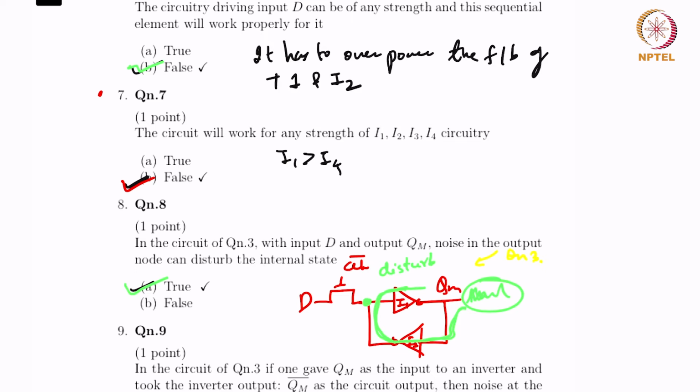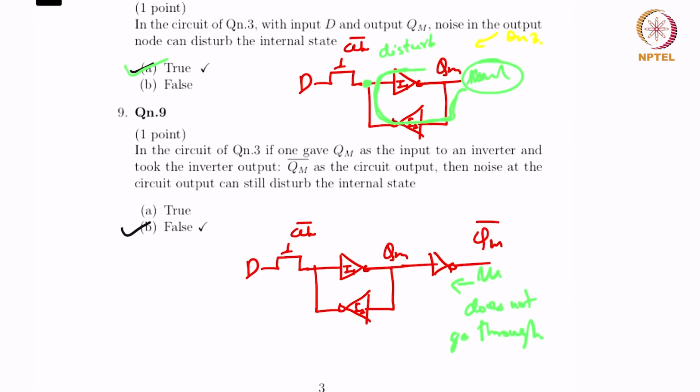Sorry. In the circuit of question 3, if one gave QM as the input to an inverter and took the inverter output QM bar as the circuit output, then the noise of the circuit can still disturb the internal state. So that's not true. As you can see here, this is what is being suggested in the question. So this is the output, QM bar.